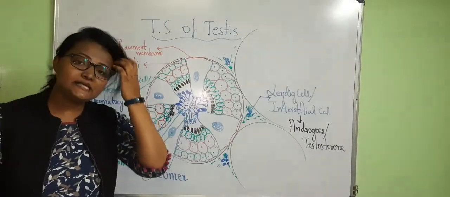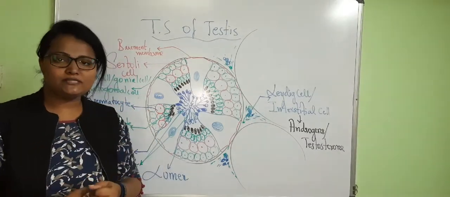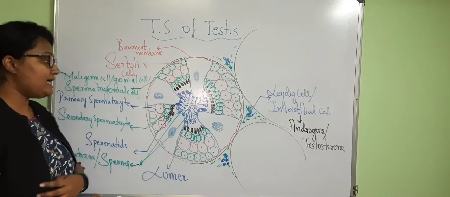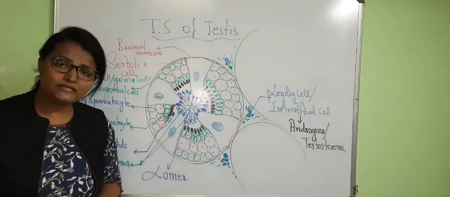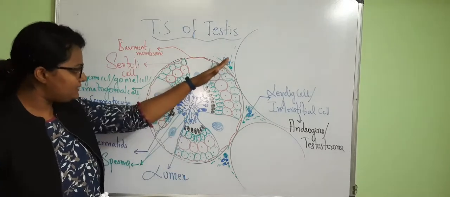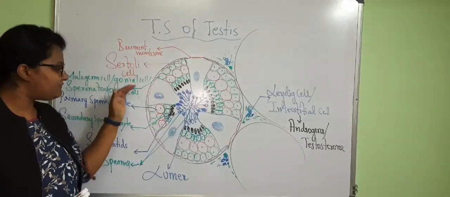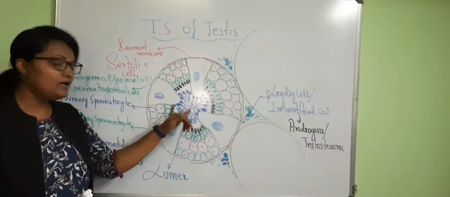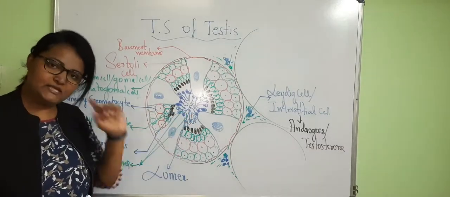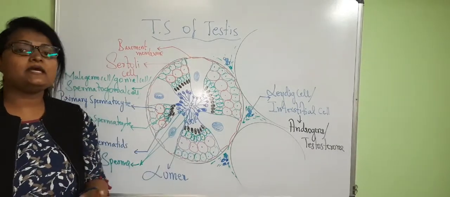Those are sex cells or germ cells which are able to produce the sperms. Next, what is the function of Sertoli cells? Sertoli cells nourish the developing sperm. Here you can see the different developmental stages which in turn produce sperms, and this nurse cell gives the nourishment for the developing sperms.